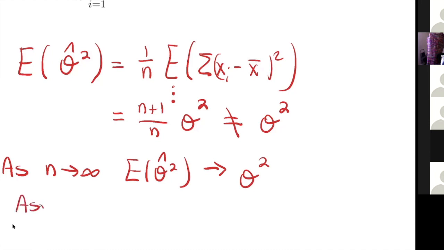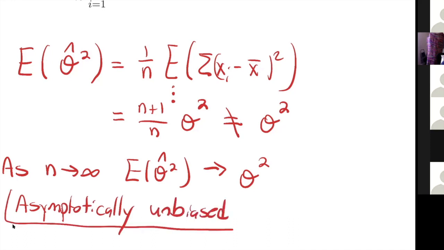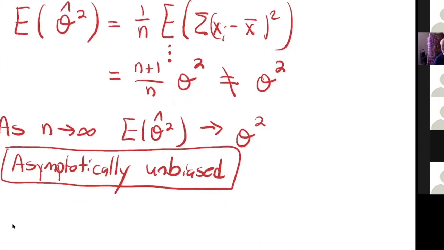So we would say that this is, if you ever want to start a punk band, asymptotically unbiased, that would be a great name for a punk band, I think. So that means as n goes to infinity, this thing is unbiased.